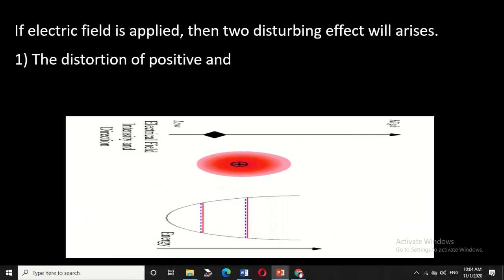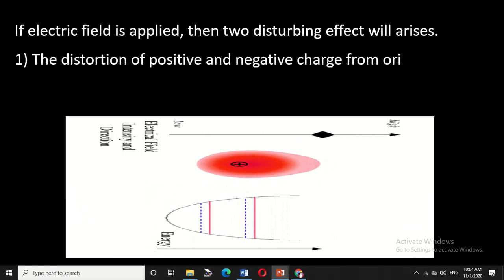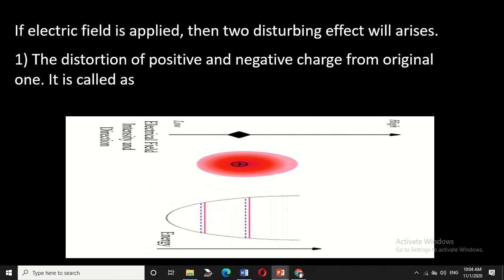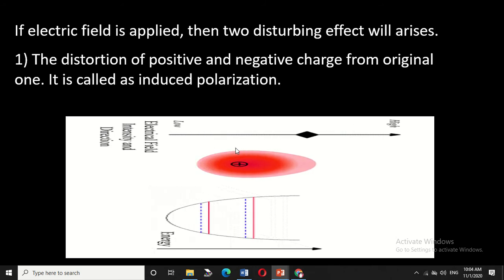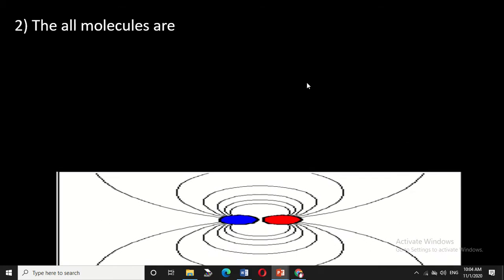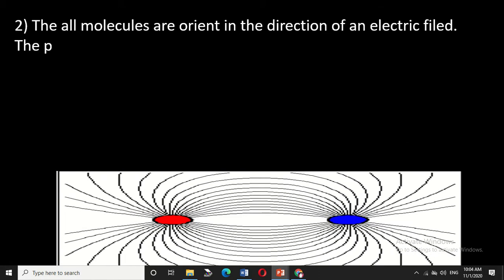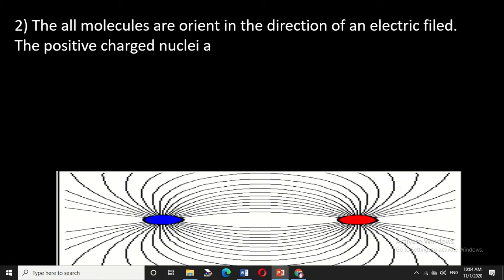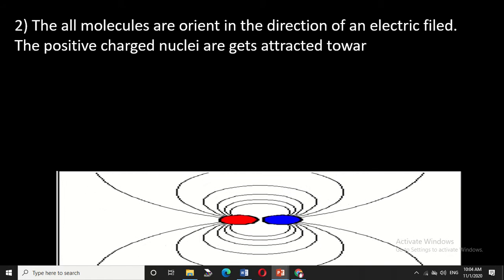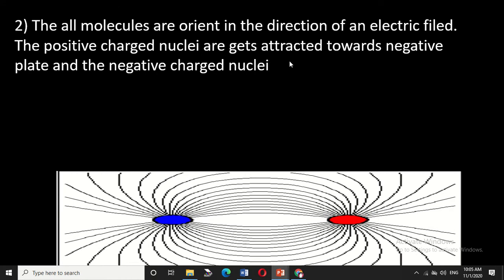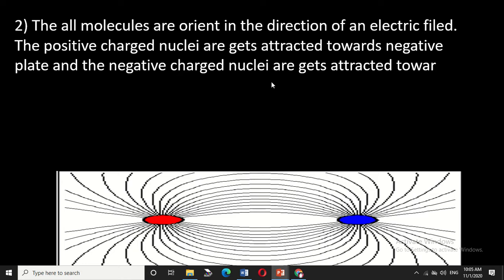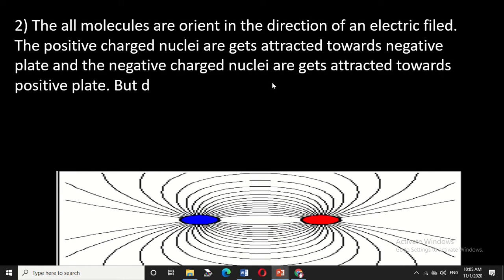The distortion of positive and negative charge from original position, and it is called induced polarization. The second effect is that the molecules are oriented in the direction of the electrical field, because the positive charge nuclei get attracted towards the negative plate and negative charge nuclei get attracted towards the positive plate.